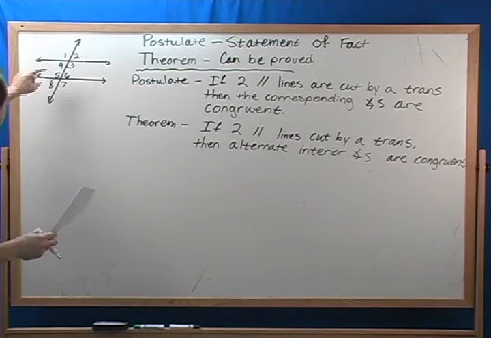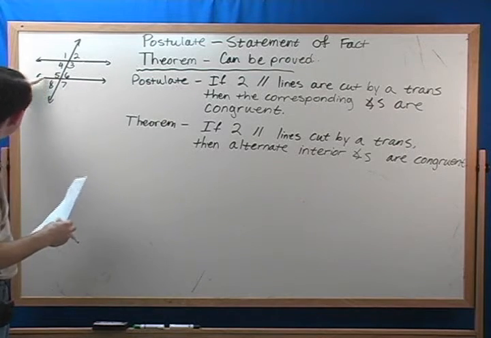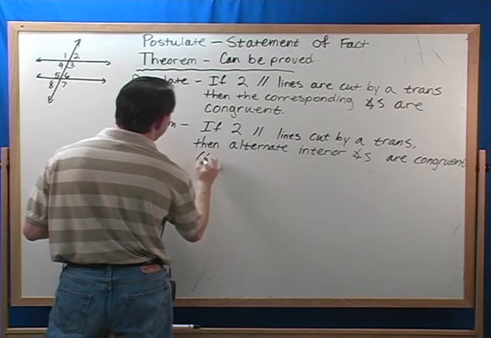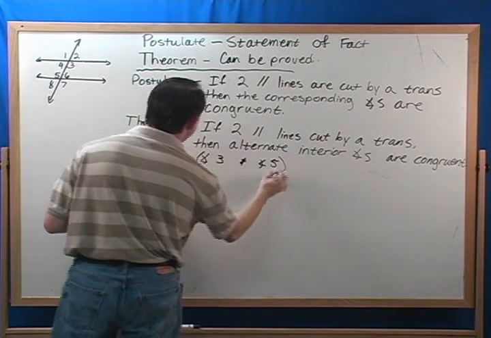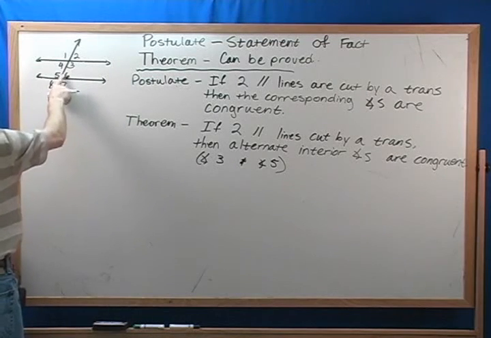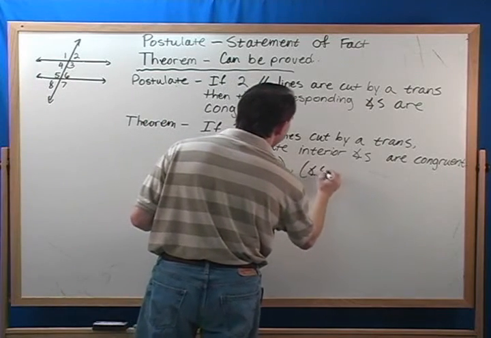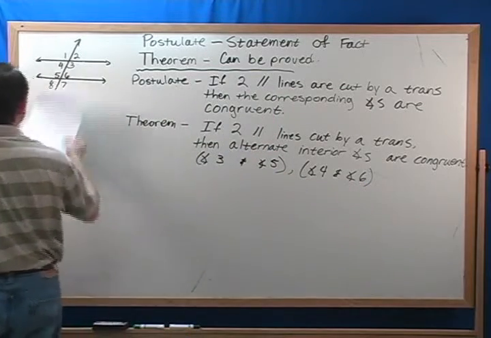And you can see just by looking at the drawing that this angle, which is kind of big here, looks about the same as angle 5. So an example would be angle 3 and angle 5. They are congruent. Angles 3 and 5 are congruent. 4 and 6, you can see that they look similar too. They are also congruent. Angle 4 and angle 6.